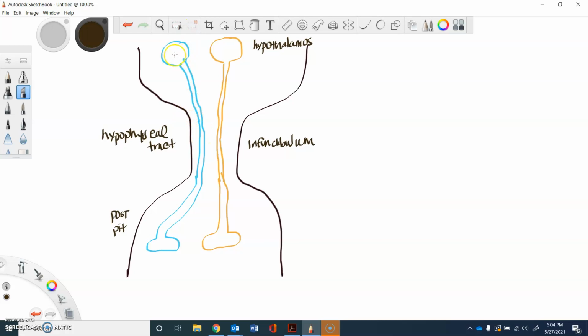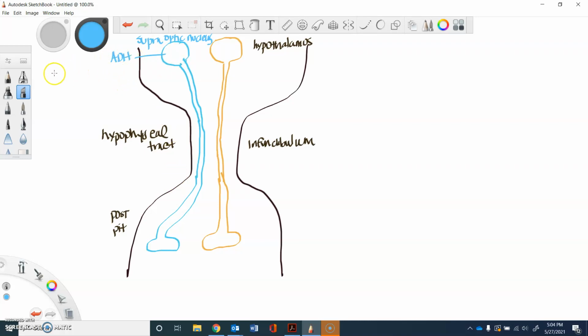The first nucleus here in blue is called the supraoptic nucleus. The supraoptic nucleus makes ADH.